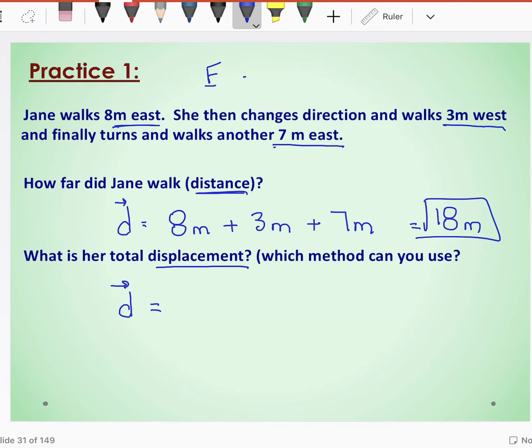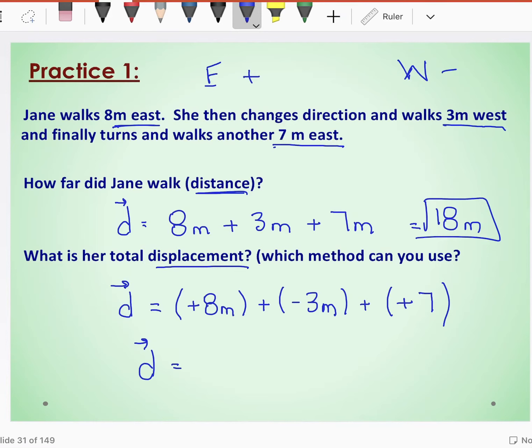Again, east is conventionally positive, west is conventionally negative. So this becomes +8, plus 3 meters west, so -3, plus 7 meters east is positive.